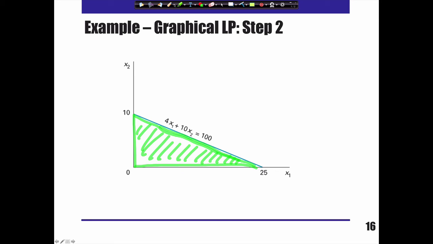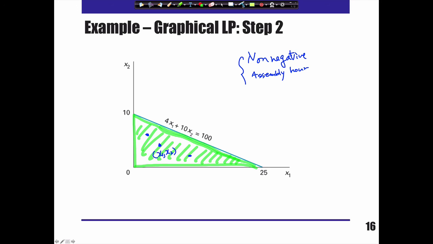Any point inside this green area, x1 comma x2, will satisfy the two constraints. One is the non-negative constraint and the second one is the assembly hour constraint. Satisfying both of them means being inside this green triangle, right?